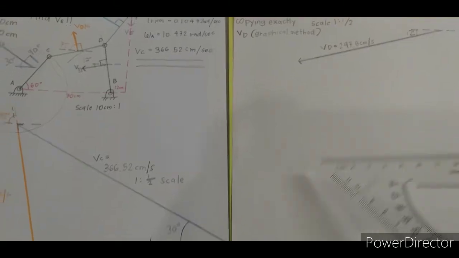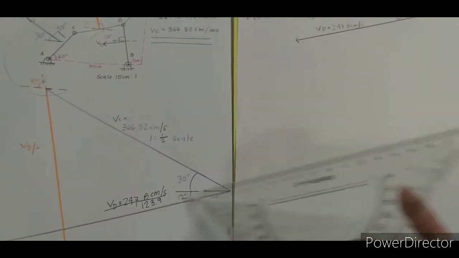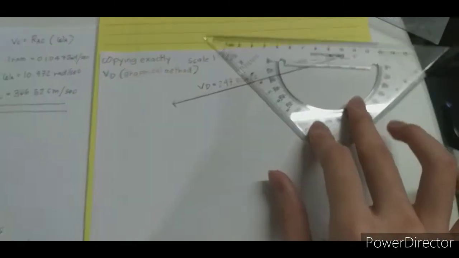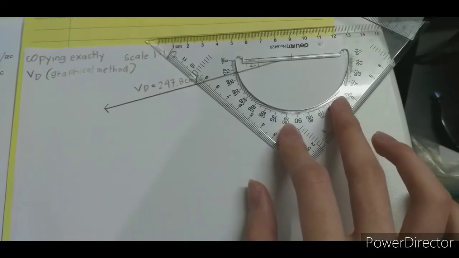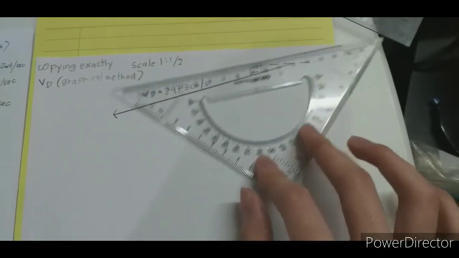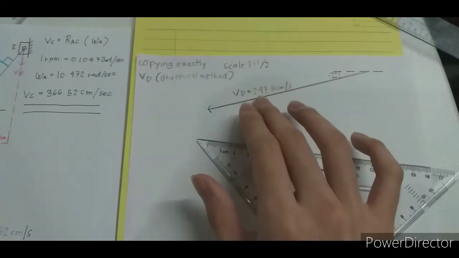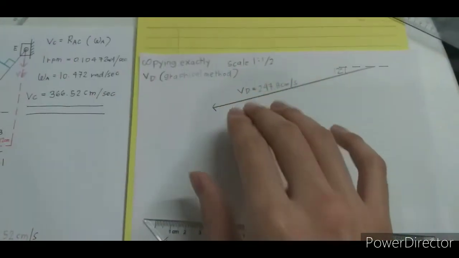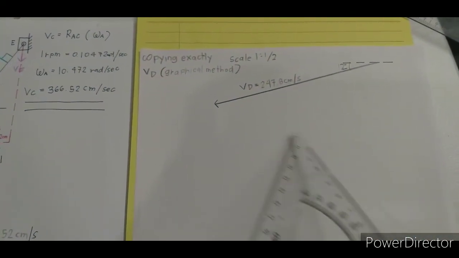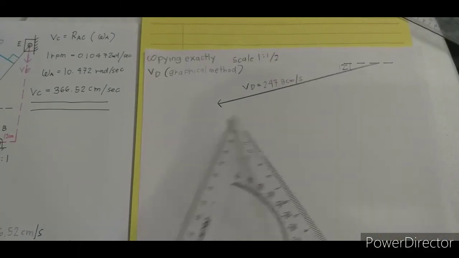So what we did, we copied exactly this here, where we have roughly 12 degrees, and we have our value VD, but we remember the scale is 1:1/2.